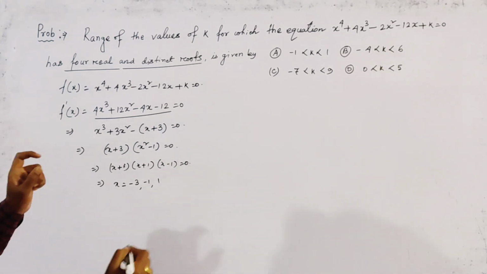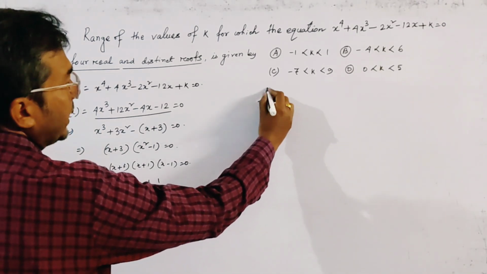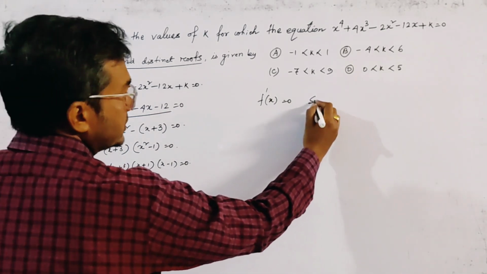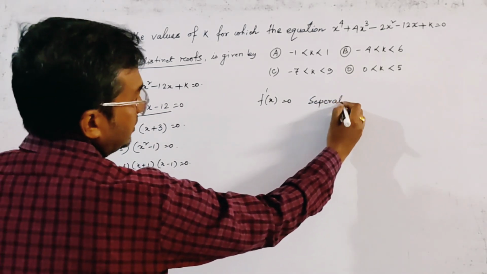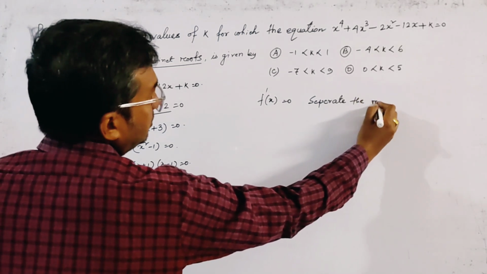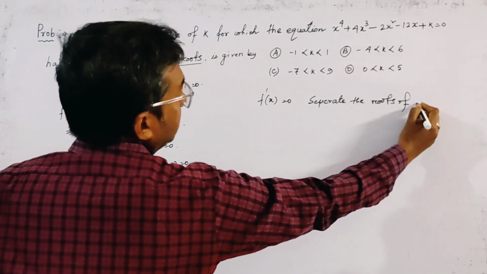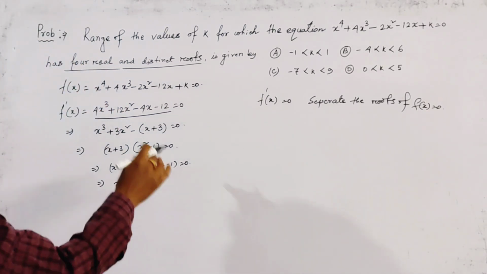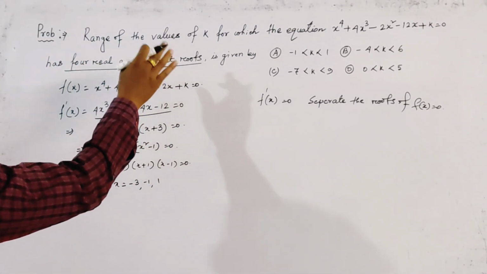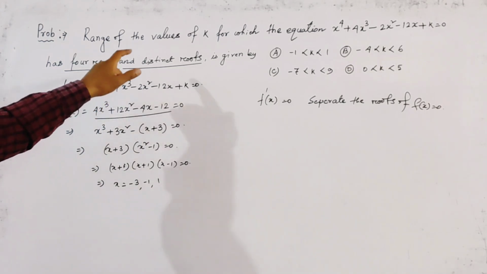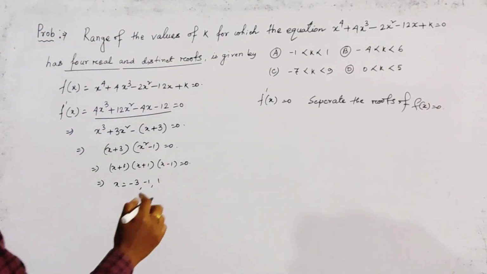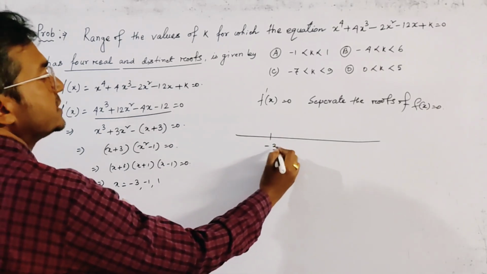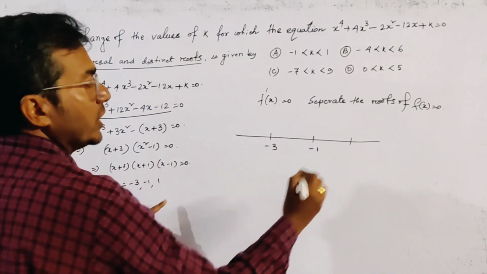We know that the roots of f'(x) = 0 separate the roots of f(x) = 0, and it is also given that this equation has 4 real and distinct roots. If we draw a real line, we first plot -3, -1 and 1.